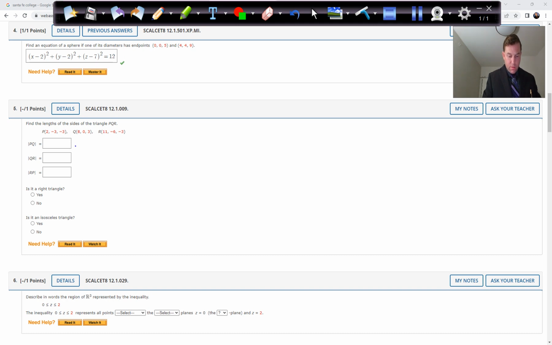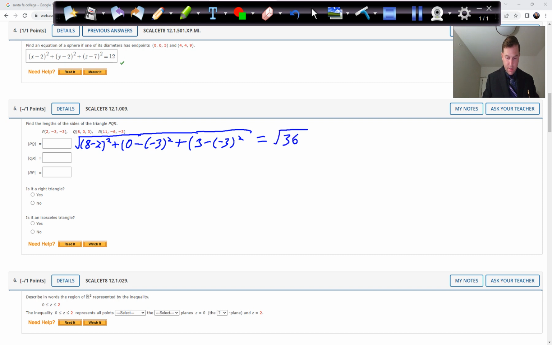So it's going to equal the square root of 8 minus 2 squared plus 0 minus 3 squared plus 3 minus negative 3 squared. Notice the order I'm doing here: x's with x's, y's with y's, z's with z's. Order matters, so Q then P. And that's going to give us 6 squared, which is 36.